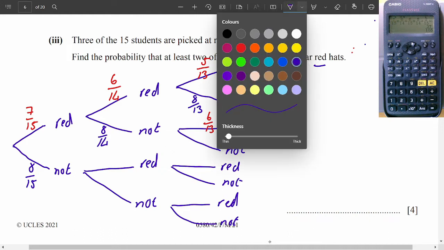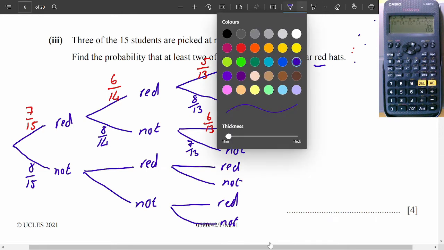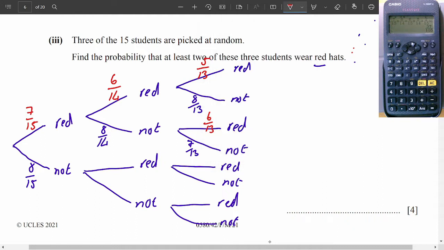Means students with no red hat would be 8. No, that adds up to 14. Would be 7 out of 13. Okay. Let's go down here.